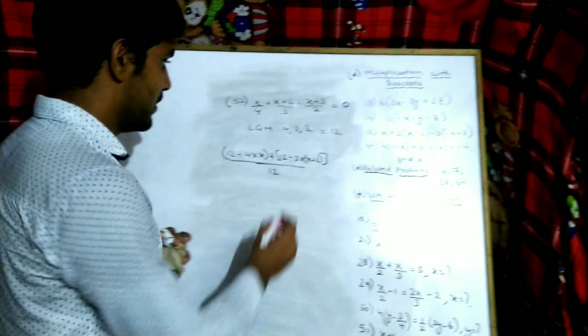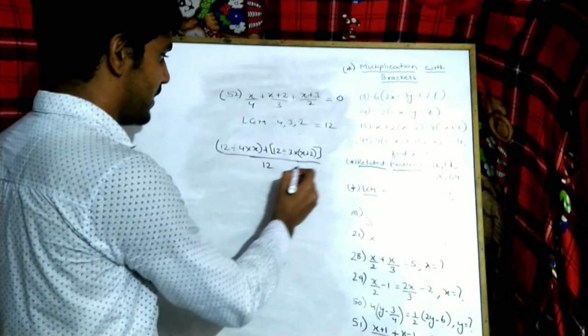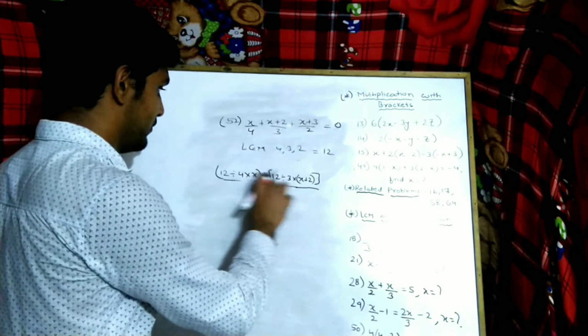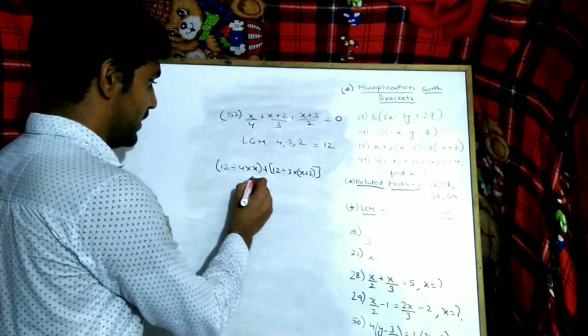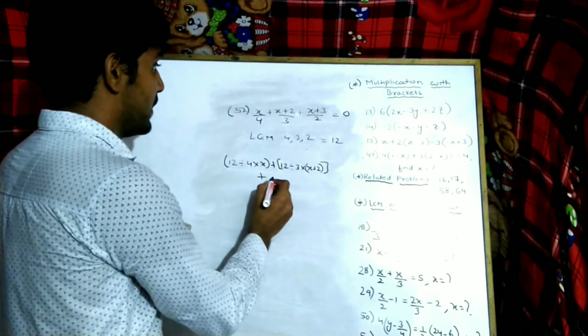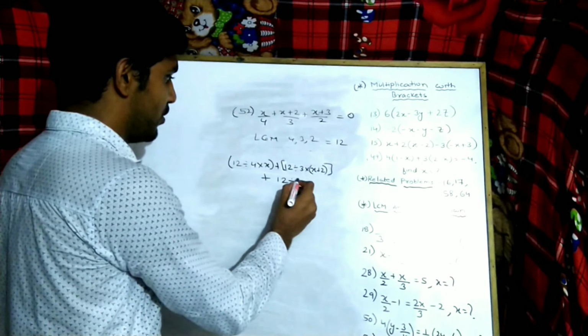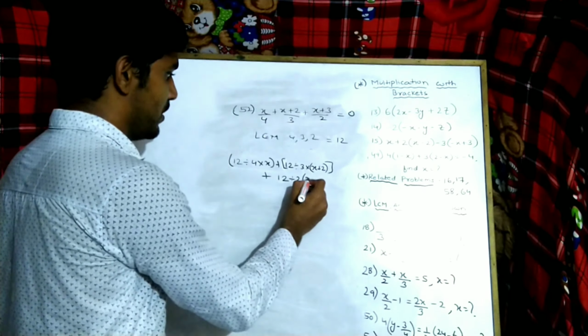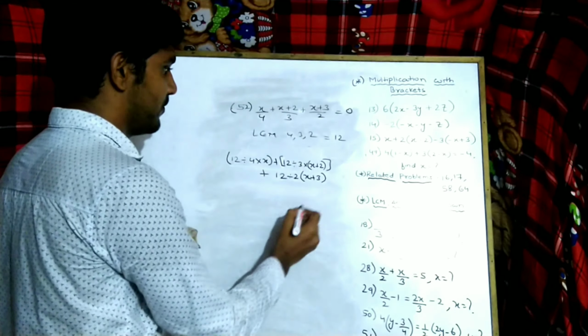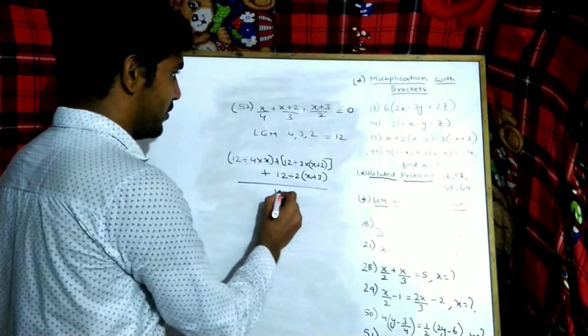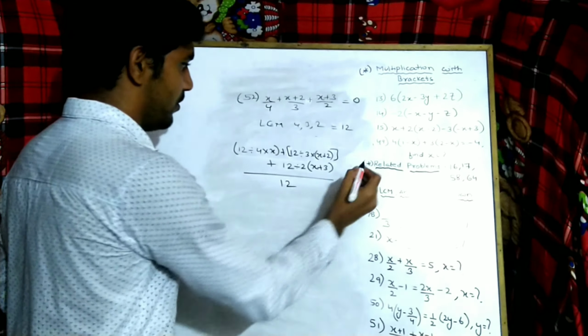Okay? Now plus I am writing, continue, 12 divided by 2 into x plus 3. Okay? This is divided by 12 is equal to 0.